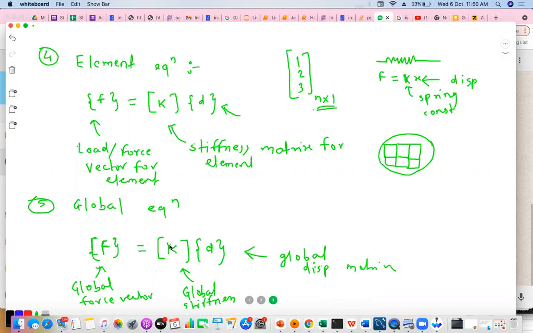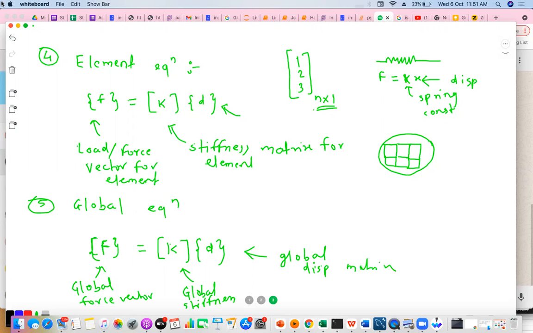Now this K is actually a singular matrix. What is meant by a singular matrix? Its determinant is 0. With the help of boundary conditions, I will remove this singularity. What is meant by boundary conditions?